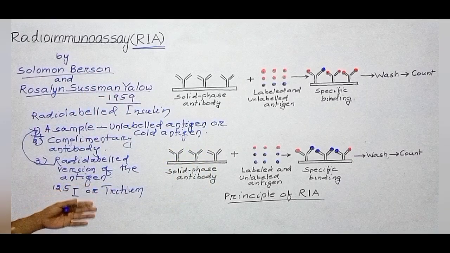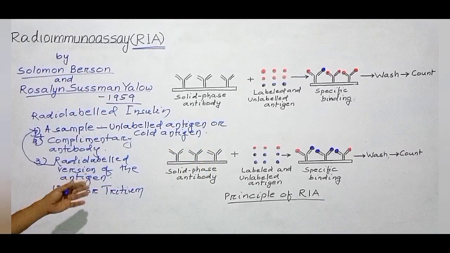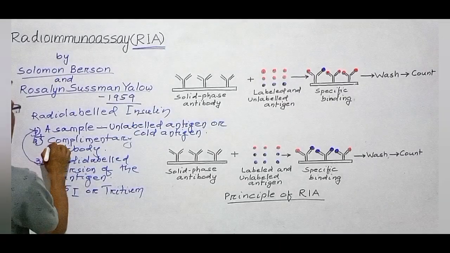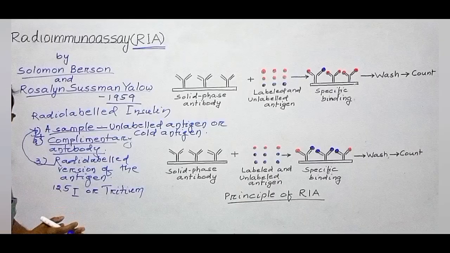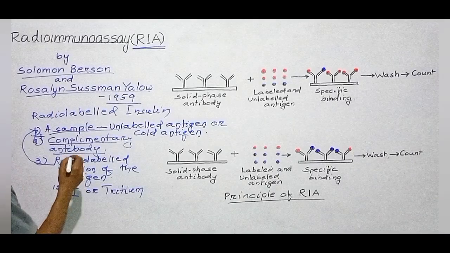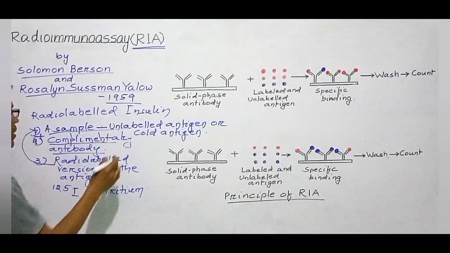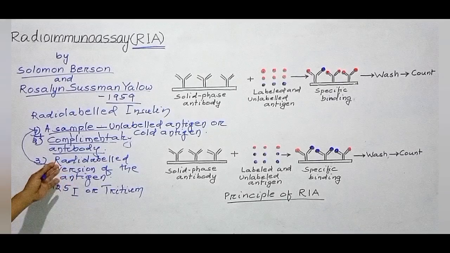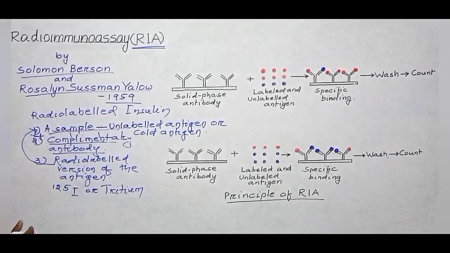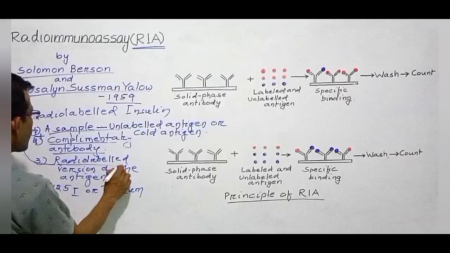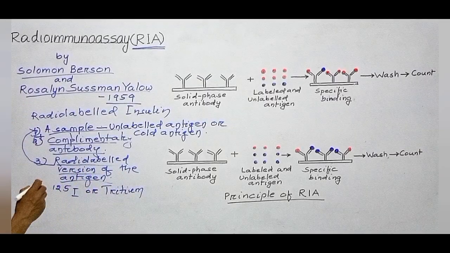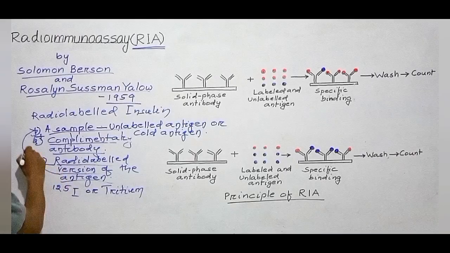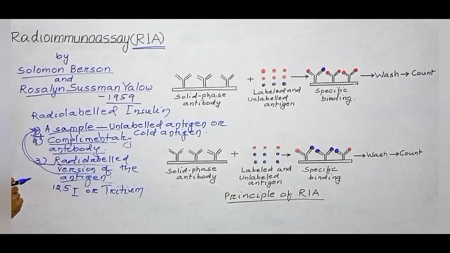In this technique, a sample containing the unlabeled antigen and the complementary antibody are incubated together. As a result, there will be binding between these two and an antigen-antibody complex will be formed. This is followed by the addition of radiolabeled antigen. Now the radiolabeled antigen will compete with the unlabeled antigen of the sample for binding with antibody.